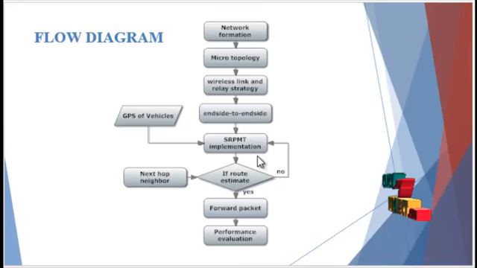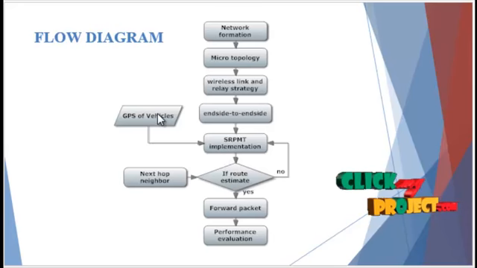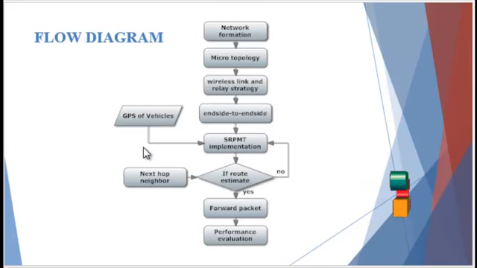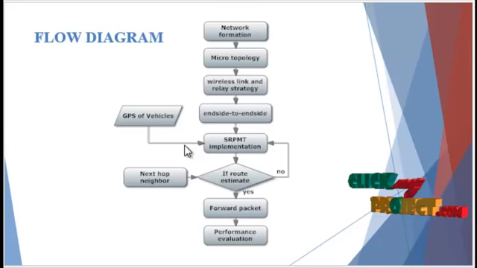After that, the SRPMT protocol is processed, which is for finding the routing path for the data transmission of vehicles. It includes the vehicle's GPS, that is, each and every vehicle's position is included in this protocol.